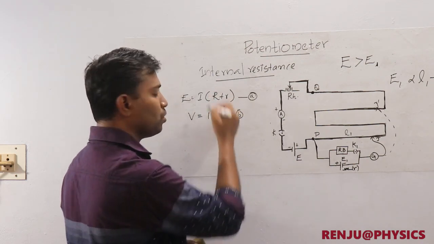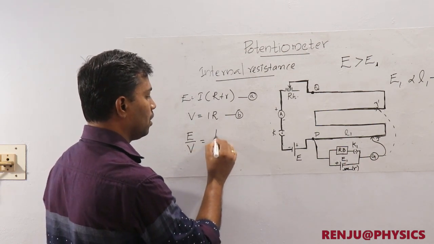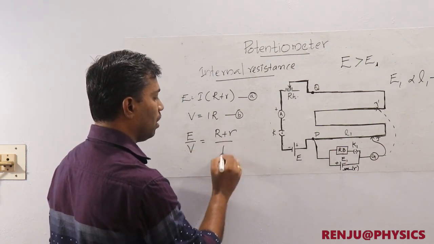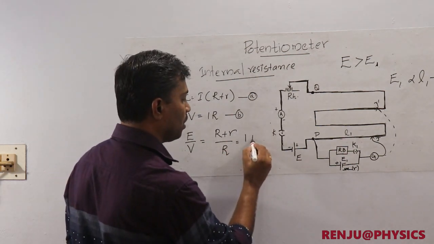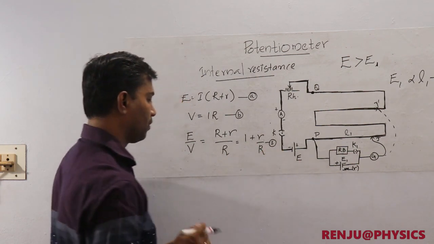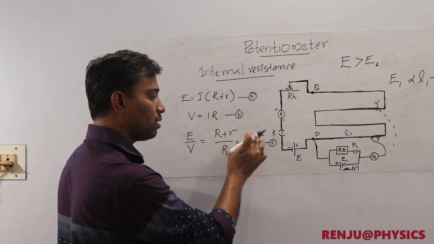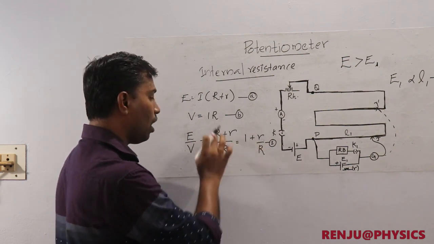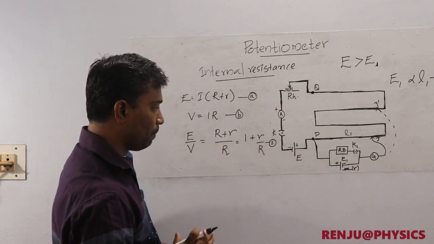Dividing these two, we get E by V is equal to R plus r by R, which is 1 plus r by R. The I cancels, so we get 1 plus r by R. That is equation number 4.